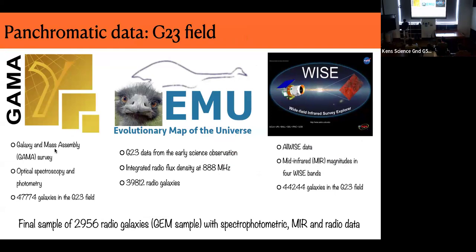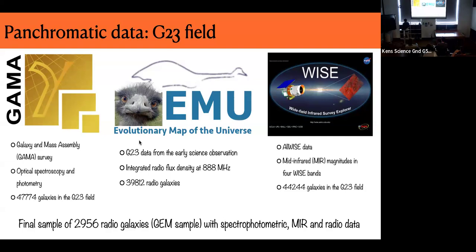The GAMA survey provides spectroscopic data and photometry coming from a large number of surveys like GALEX for ultraviolet, VST and VISTA for visible and near infrared, WISE, the Wide-field Infrared Survey Explorer, for mid infrared, and Herschel for far infrared. So we have a panchromatic data set in terms of photometry.